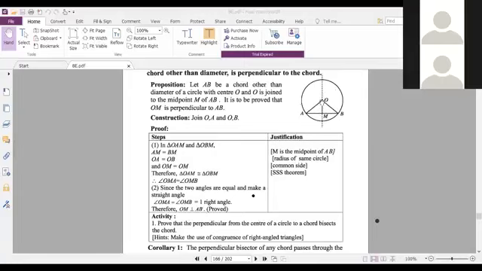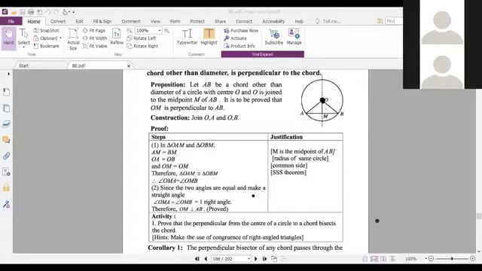So if three sides are equal, then we can say from the SSS theorem, OAM and OMB or OBM are congruent. That means OAM is congruent to OBM.